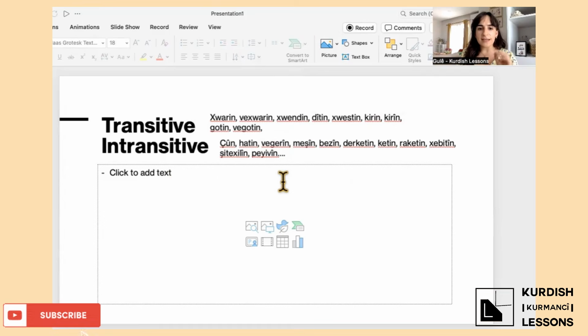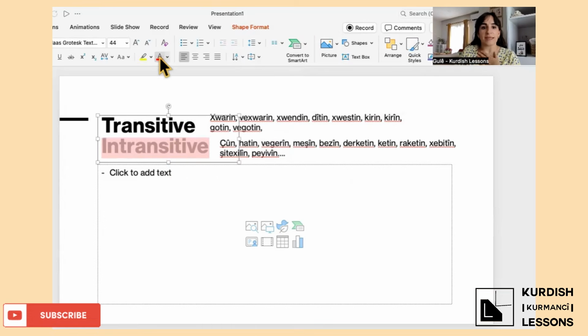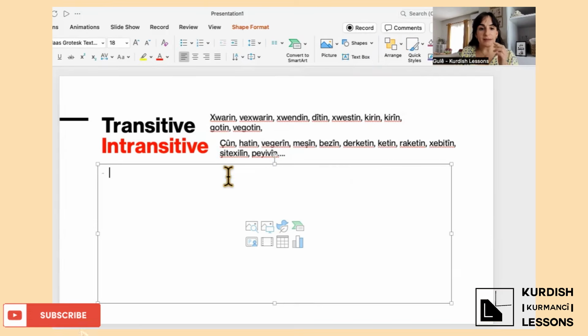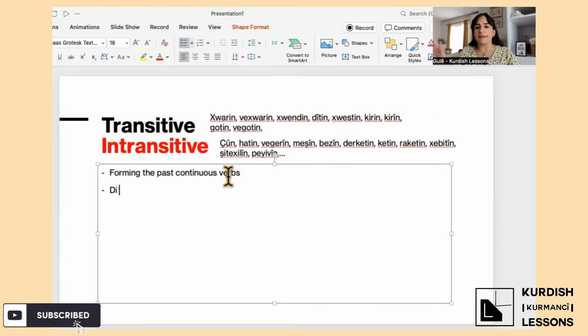So now let's do intransitive verbs first. This page will be about intransitive verbs. The rule for forming the past continuous verb is very simple. First, you put the prefix. You remember it from the present tense: as the chem, to the chi, as the home.